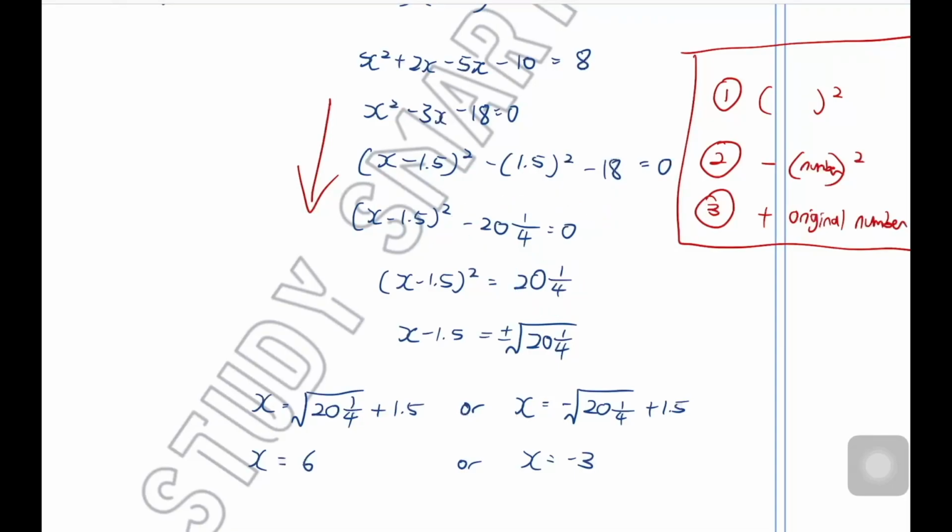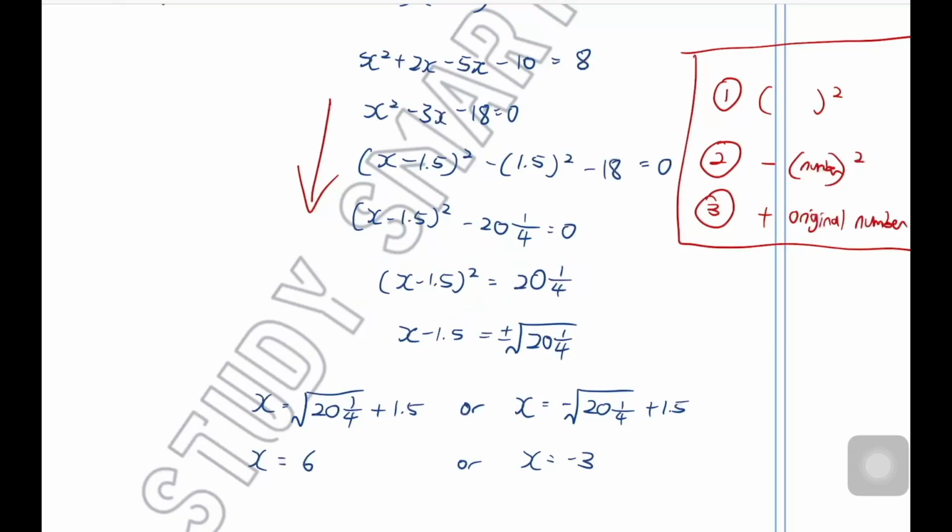Now on my left side I still have this. So keeping that on my left side, to further solve this, I will square root both sides. Why? Because over here I have a square, and to get rid of the square, I have to square root. So I can't just square root the left side without doing so for the right side. So I'm going to square root both sides.